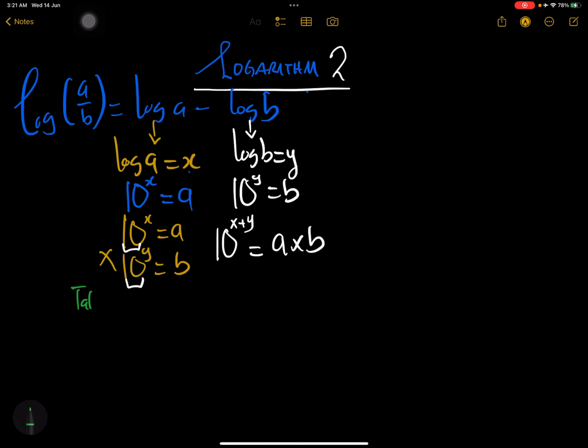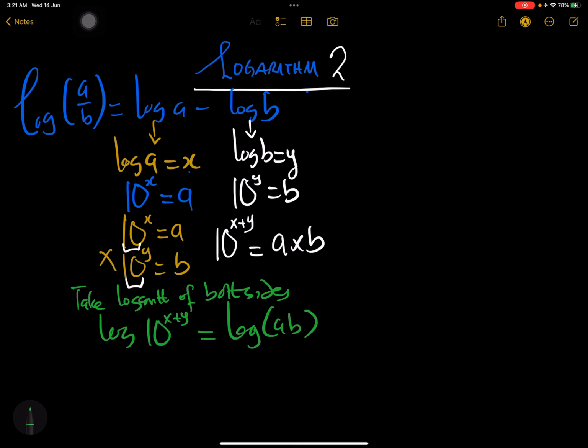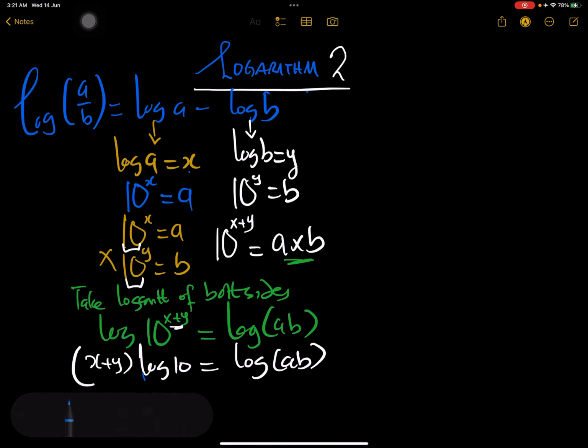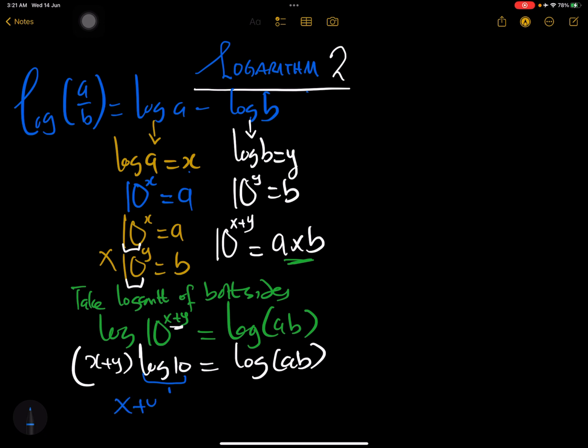So now we can take the logarithm of both sides. So we have log of 10 to the power x plus y is equal to log of AB. Now, one of the rules says that we should drop the x plus y at the back. Because of this, we drop it at the back and we have log 10, which is equal to log AB. Now, because this log 10 is 1, we have x plus y multiplying 1, which is x plus y, equal to log of AB.